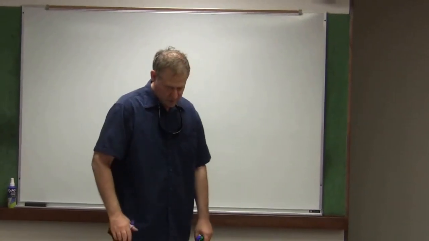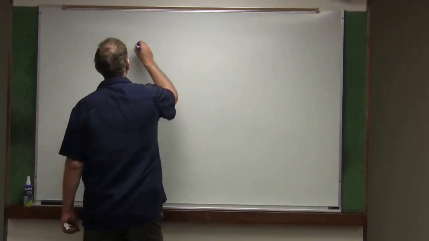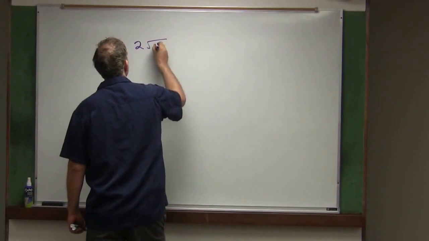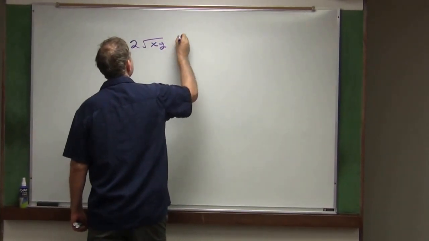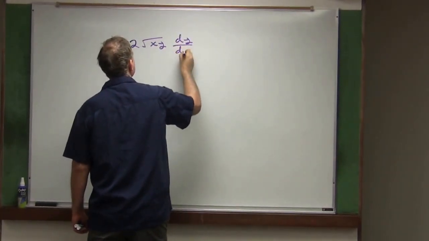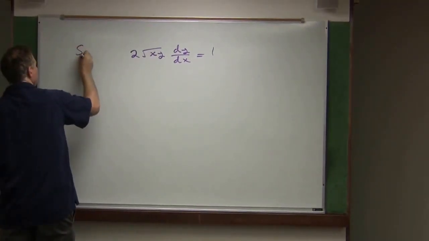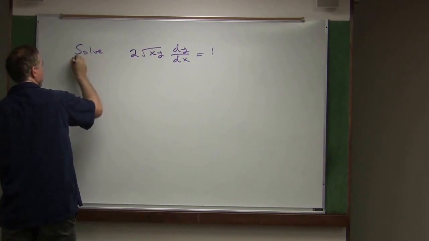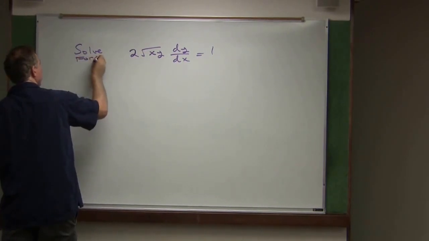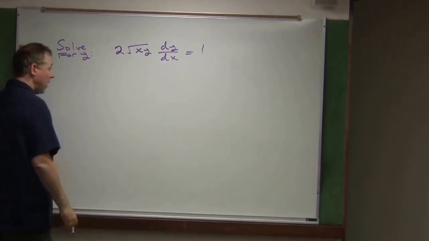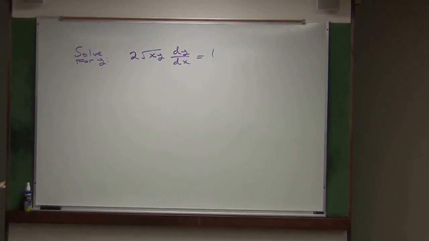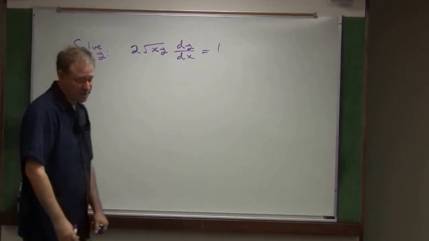So 2 square root xy dy dx is equal to 1. Solve. Remember, you're solving for y. Y is a function of x, so just solving for y as a function of x.